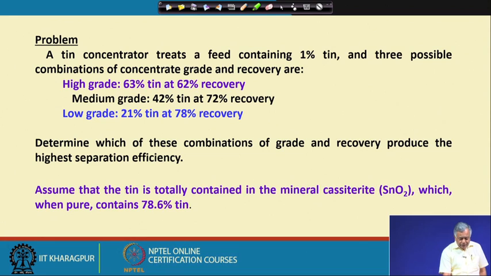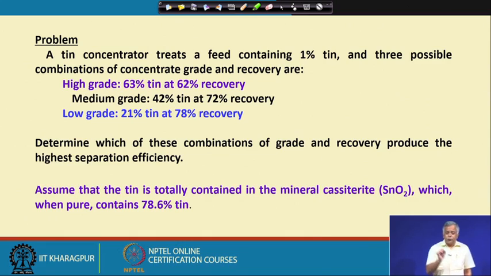In another process you are getting 42% tin at 72% recovery. In the third one you are getting 21% tin at 78% recovery. Now, based on that definition, which circuit is most efficient in terms of metallurgical efficiency? So, we will try to apply that.